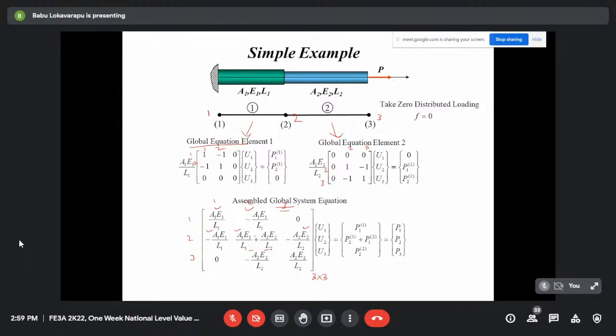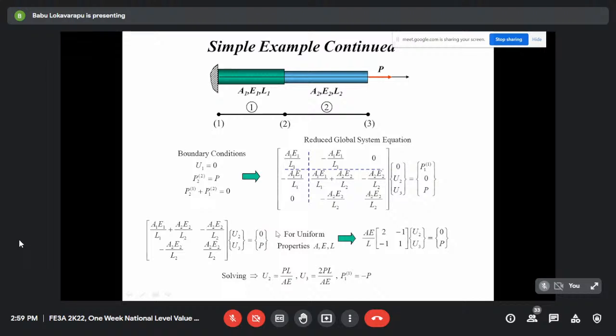Again 3, 2 this and 3, 3 this. Now you see this element you are getting 2. Why? Because node 2 is shared between element 1 and 2. And this is U1, U2, U3 nodal displacement, and these are the external forces. This is how you have to write this down.